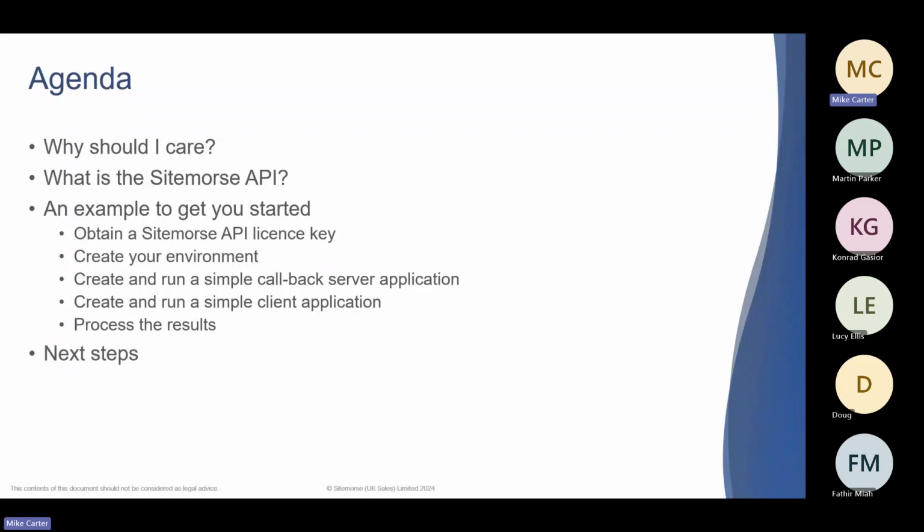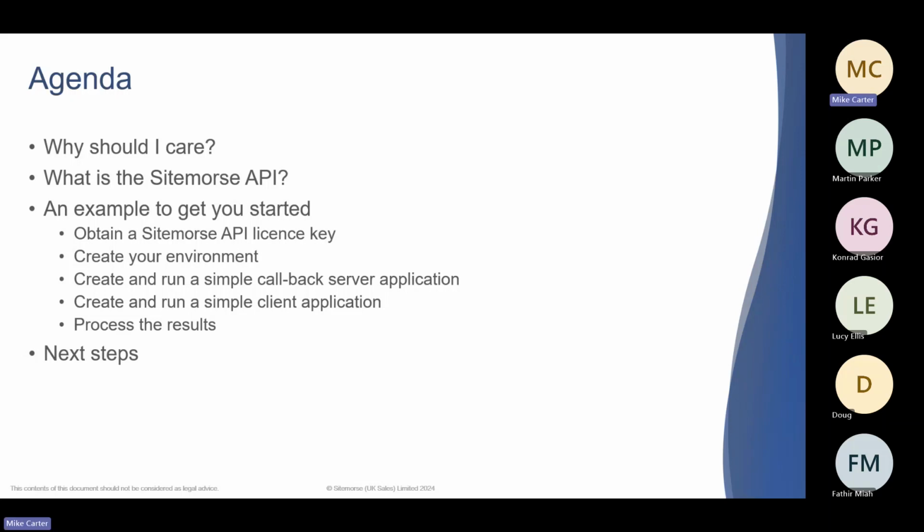With the Sitemorse API, you can integrate that same testing with an application. But more than that, you've got full access to everything that we've tested, all the diagnostics, and then you can go off and integrate that with some application that you've got, or actually decide how you're going to present the data to whoever's going to use it.